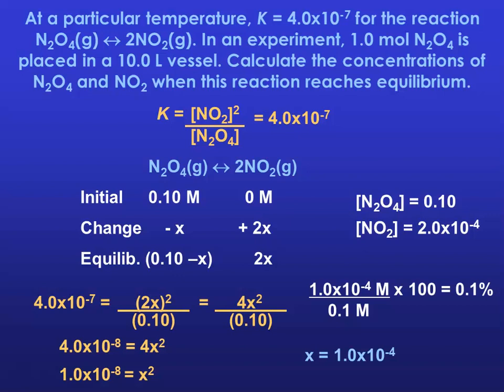And if that is within 5%, that's basically telling me what percentage of it dissociated, broke apart, or was able to form NO2. And if that percentage is under 5%, we were safe assuming that 0.1 minus x did not need to be included in our calculation.